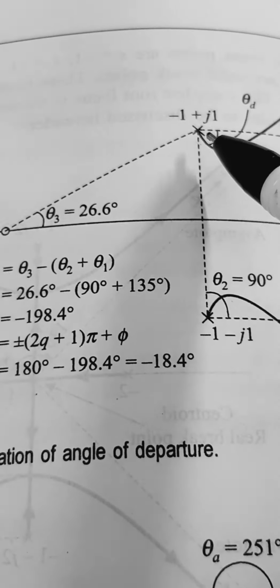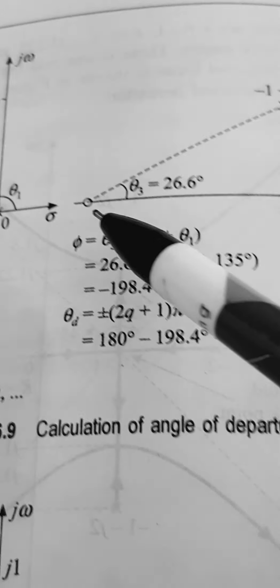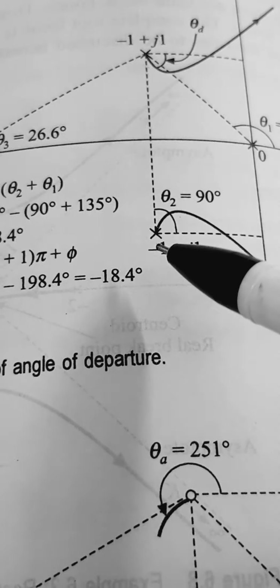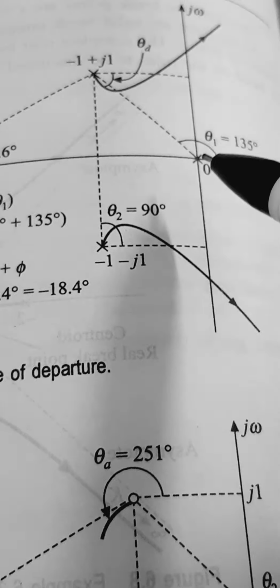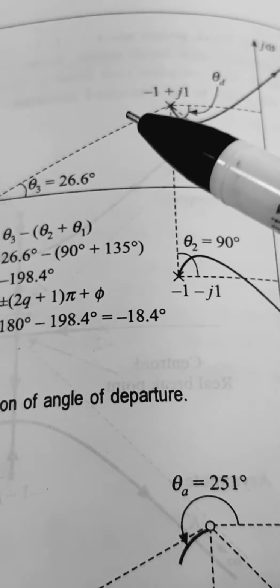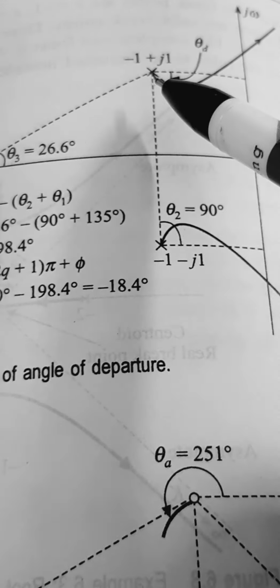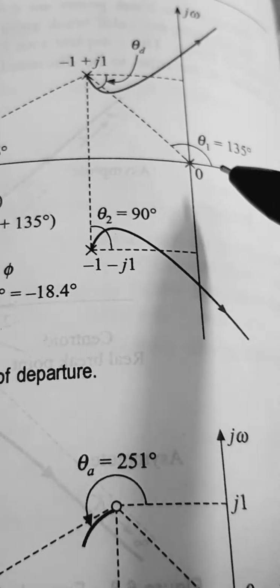Now there is a zero here, another pole here, complex conjugate, and another pole here. So you need to calculate the angle made by this pole with all the others.